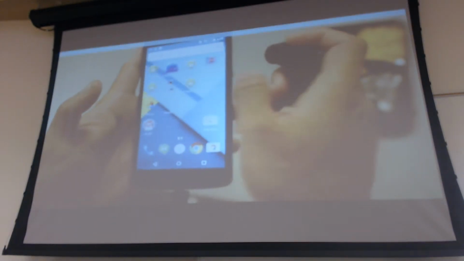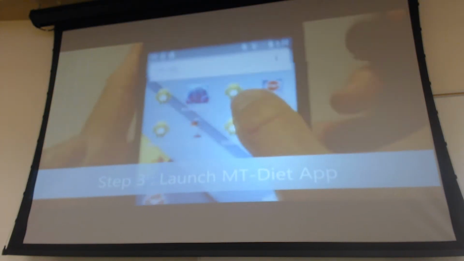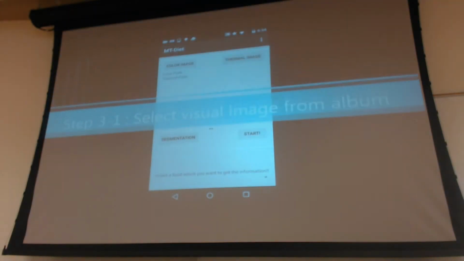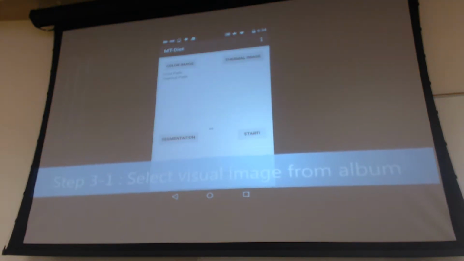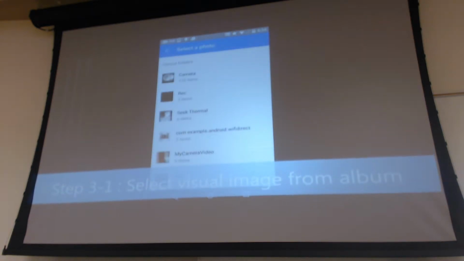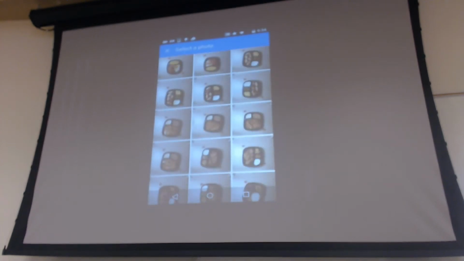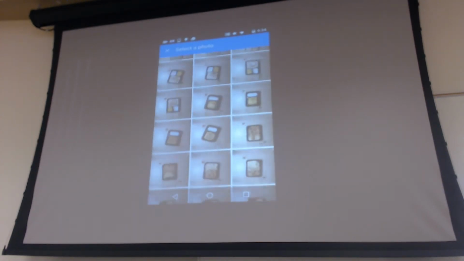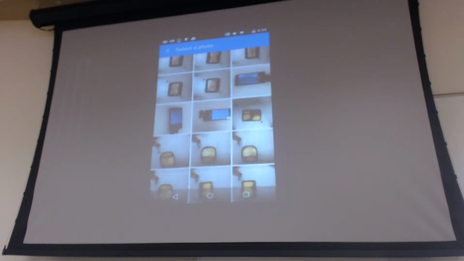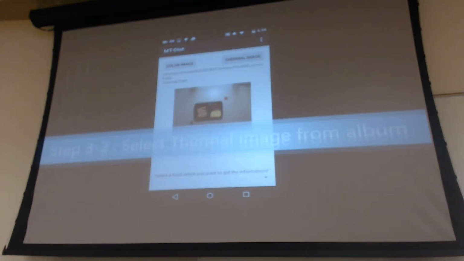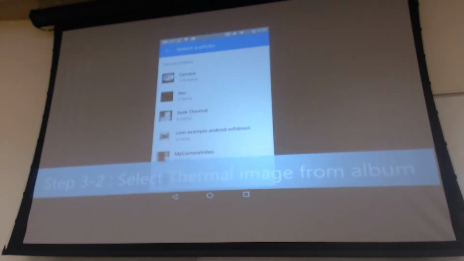So we developed this application. So what you do is you first take the color image. Then you take the thermal image.